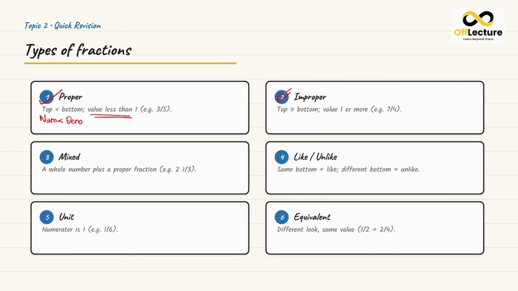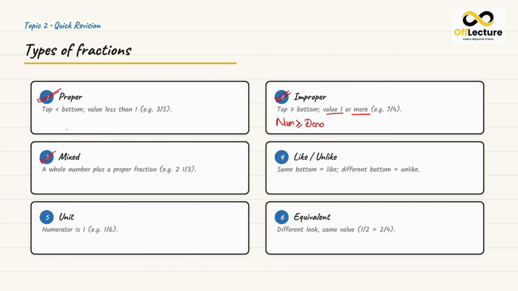Second was improper fraction, where the numerator is greater than or equal to the denominator and it has value 1 or more.